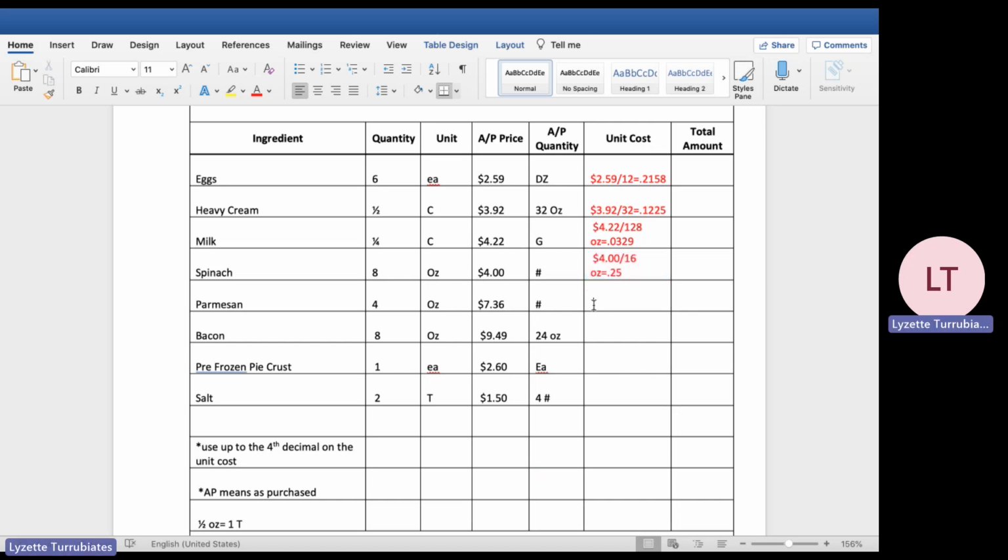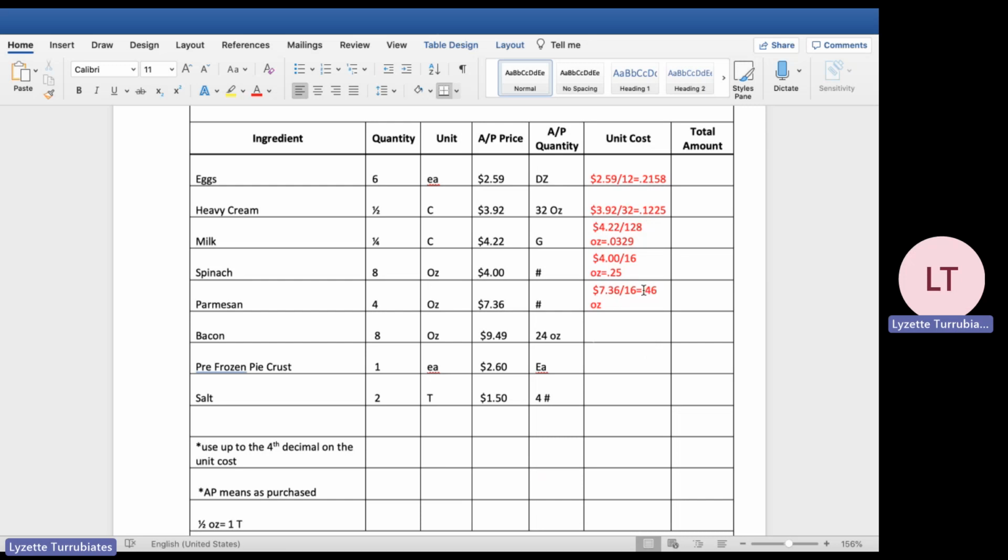I'm going to do the same thing with the Parmesan. So $7.36 for Parmesan, and it's a pound, which equals 16 ounces. So I'm going to divide that by 16 ounces. So 7.36 divided by 16, and that's going to equal out to 46 cents per ounce. And you don't have to put the unit you're breaking it down to.